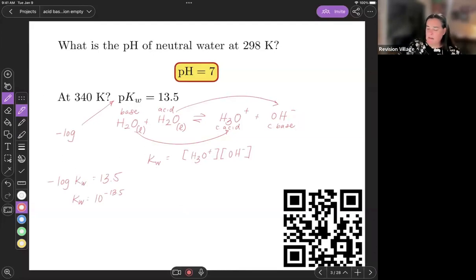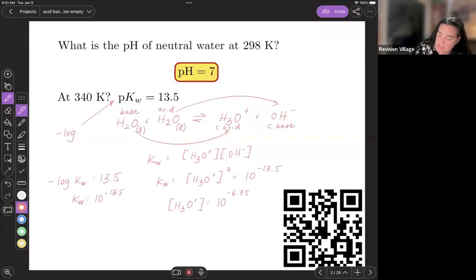That means that the concentrations of hydronium and hydroxide are equal to each other if the only ingredient we added was water. So we could write that Kw is equal to hydronium squared. We can solve that, and you can be a little bit cheeky and remember some exponent rules, or you can 100% use your calculator.